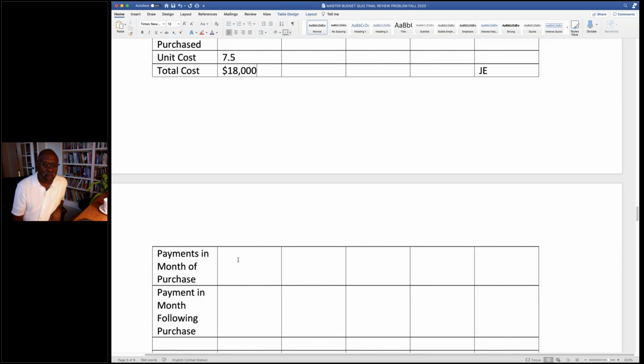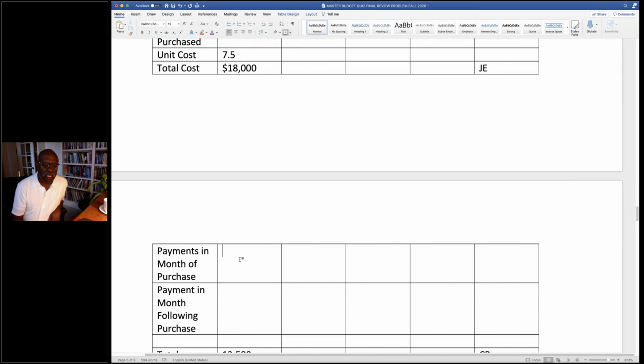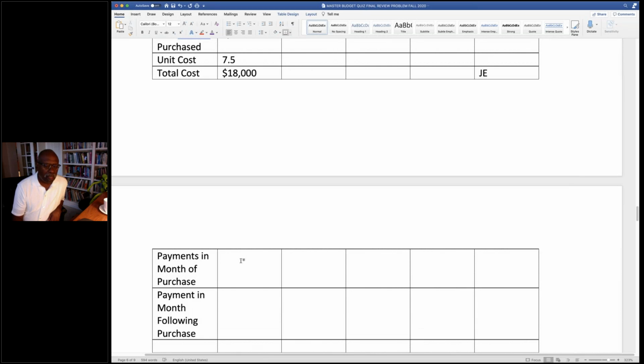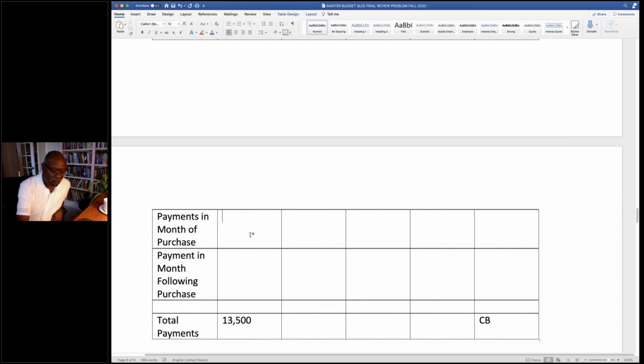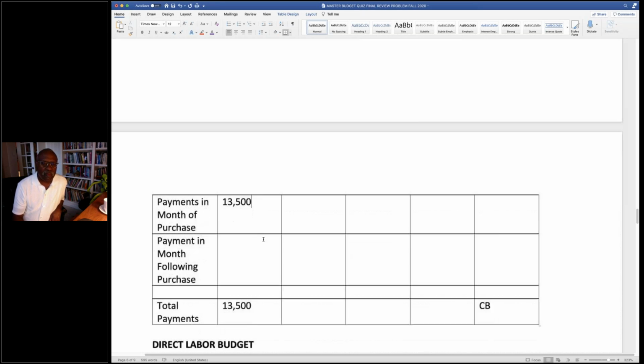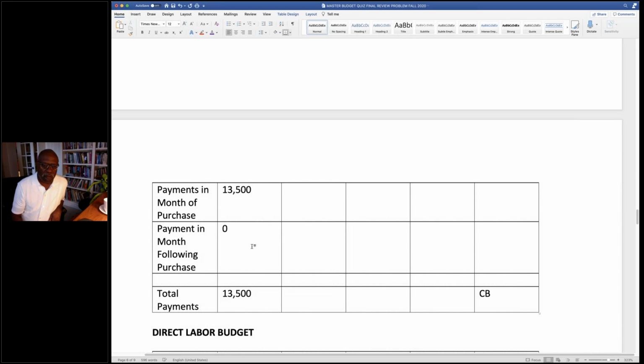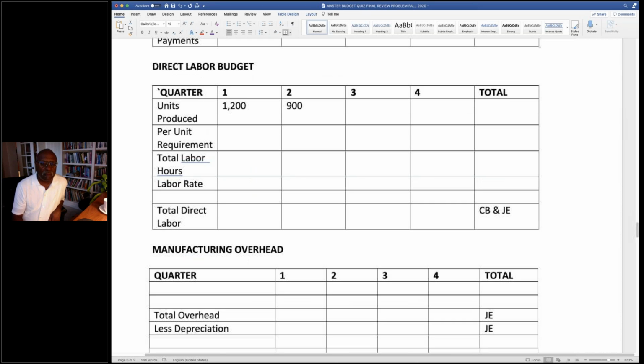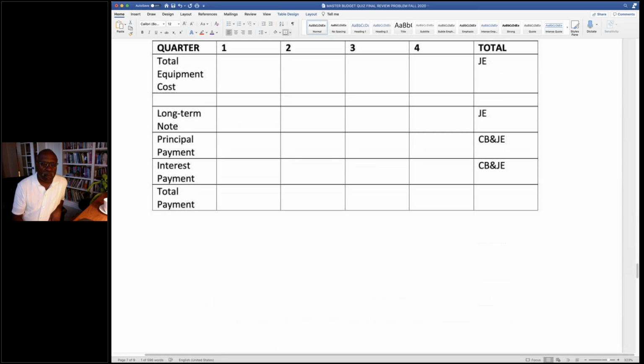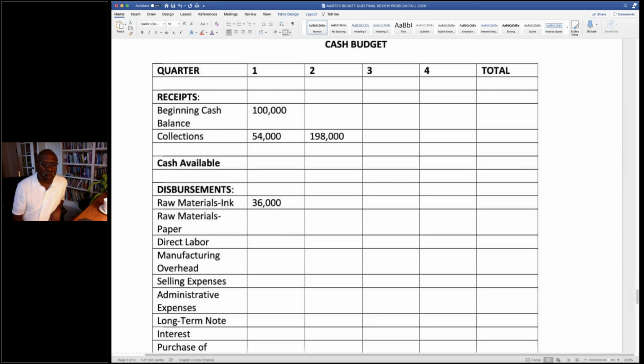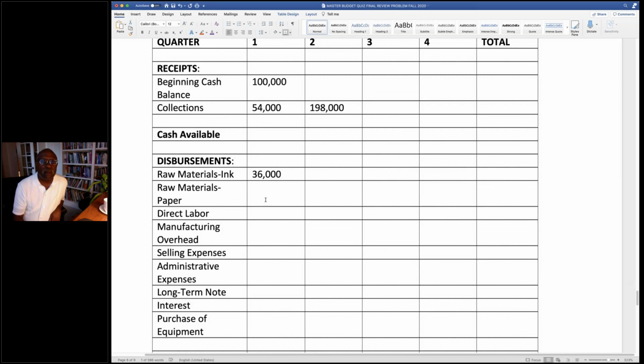And that 75% applies. So how much are you paying in the month of purchase? 13,500. This is zero because this is the first month. Get out 13.5 and copy it. And we put 13.5 here.